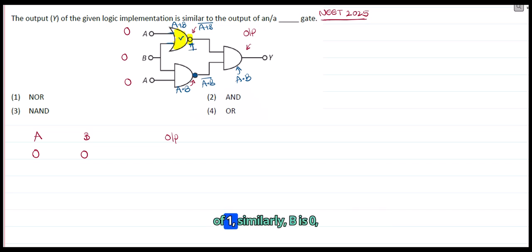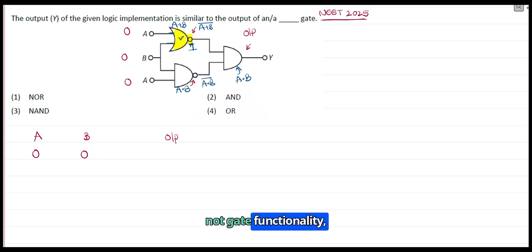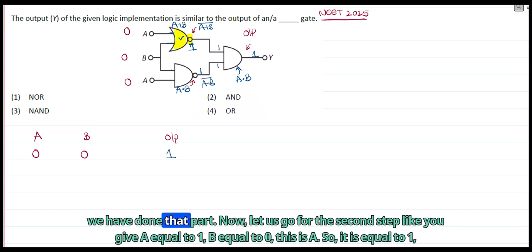Similarly, B is 0, A is 0, and this AND gate gives 0, but because of this NOT gate functionality, I will get 1. Now here the inputs are 1 and 1. The AND gate gives an output of 1. So the final answer here is 1. We have done that part.